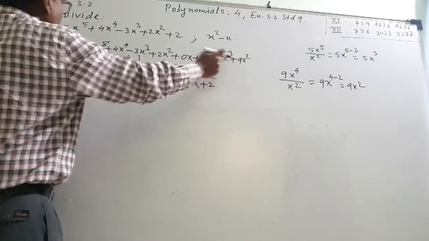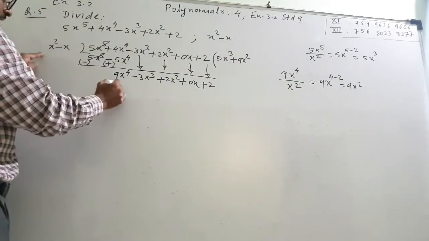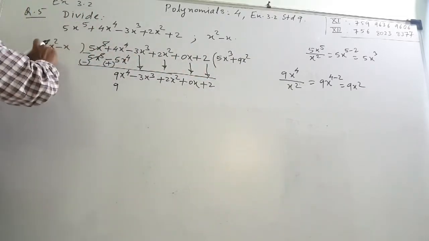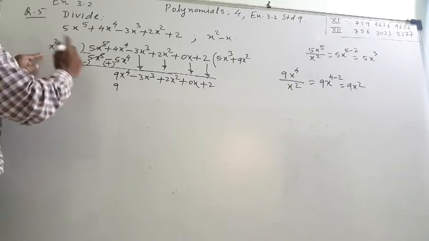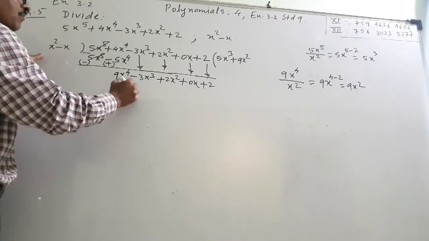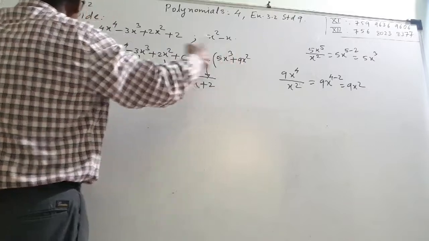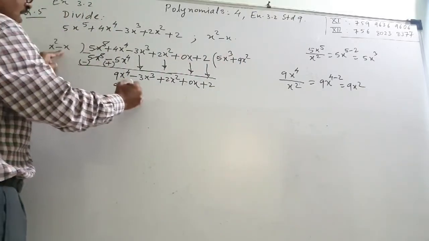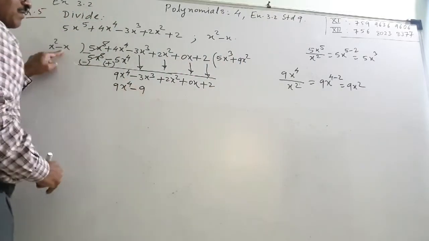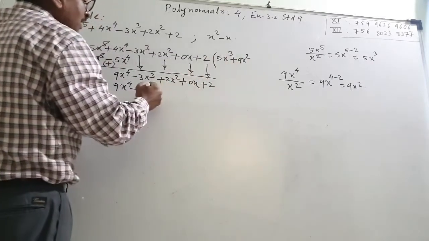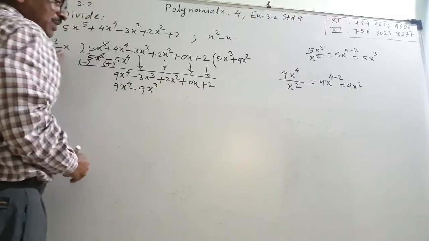So 9 into 1 is 9. x raised to 2 into x raised to 2 means x raised to 2 plus 2, x raised to 4. Now this and this: 9 here it is minus 1, minus 9, 1 the 9. And x raised to 1 into x raised to 2 is x raised to 3, 2 plus 1 is 3.